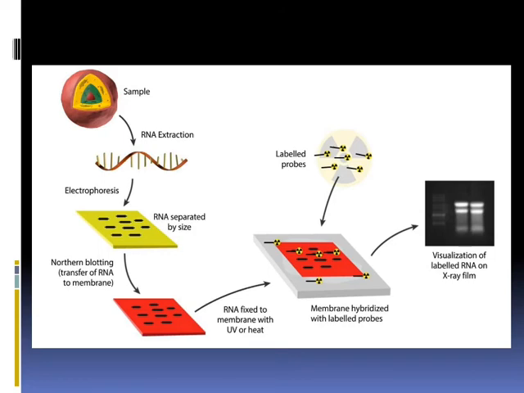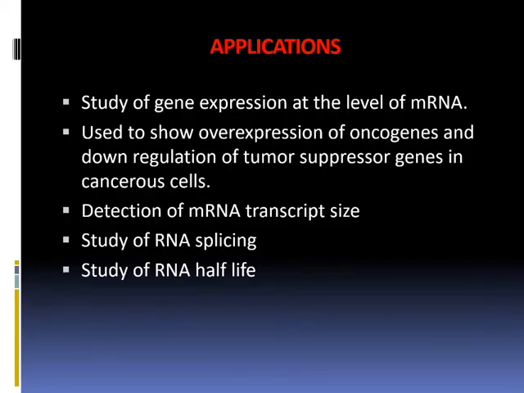The membrane is hybridized with labeled probes. Now labeled probes have been added, so the labeled probes will go and bind wherever the particular target RNA is available. Visualization of the labeled RNA is on X-ray film. So this is the total process.